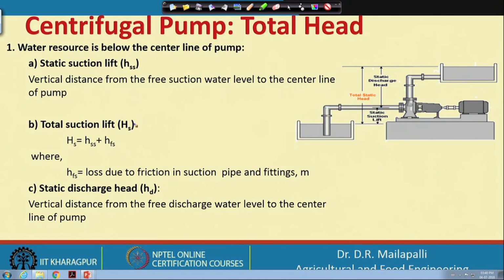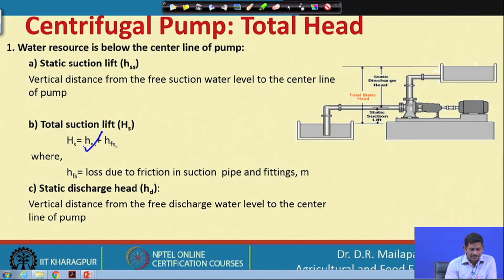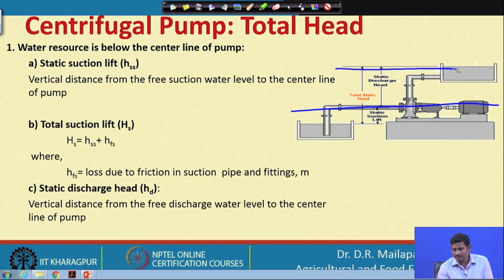So, the total suction lift will be the static suction lift plus the friction head. Similarly, the total discharge head will be the static discharge head plus the friction head loss in the discharge pipe. The static discharge head is the vertical distance from the pipe center line to the top surface of the delivery.